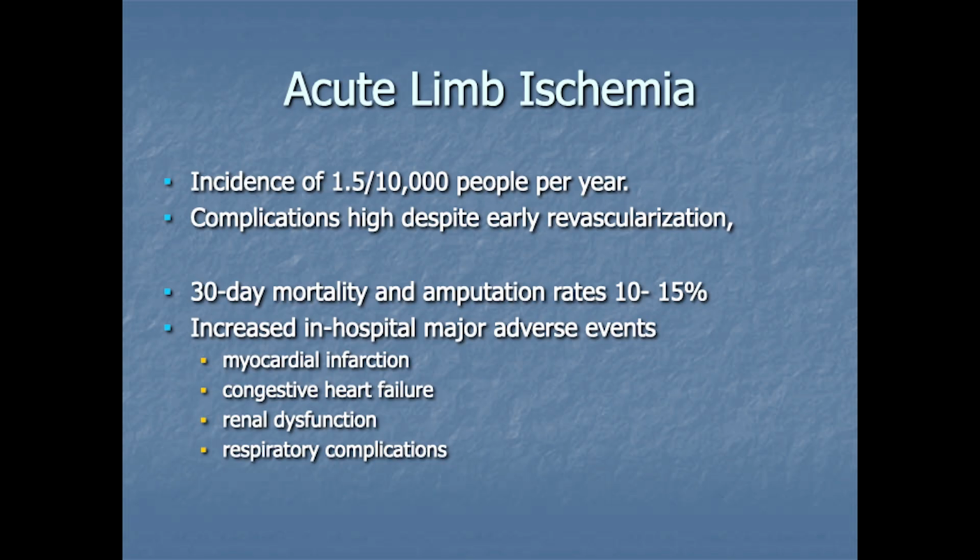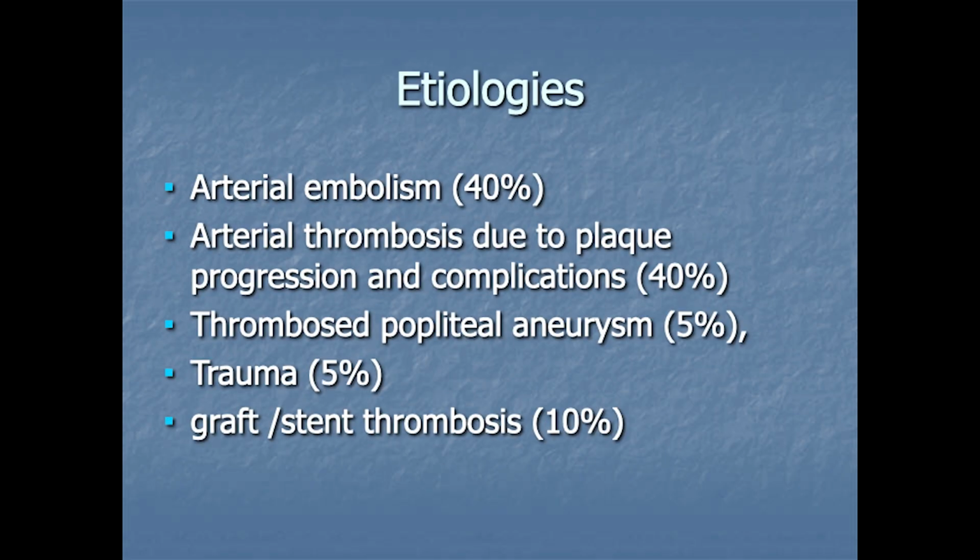The 30-day mortality and amputation rate under those circumstances is 10 to 15%. So it's pretty significant, with a lot of complications. It can happen with arterial embolism, like we talked about, from atrial fibrillation or the aorta. Arterial thrombosis is clot formation related to plaque disruption, or clot that happens from a hypercoagulable condition.